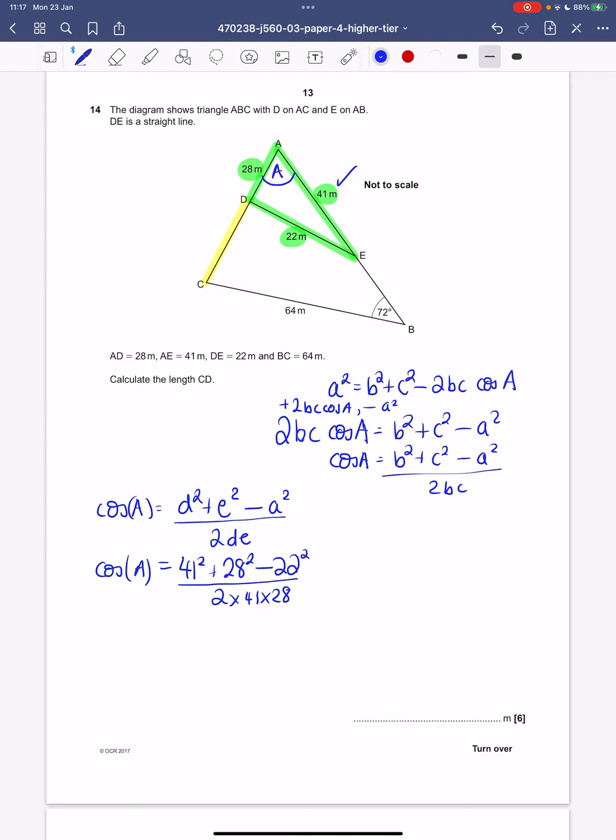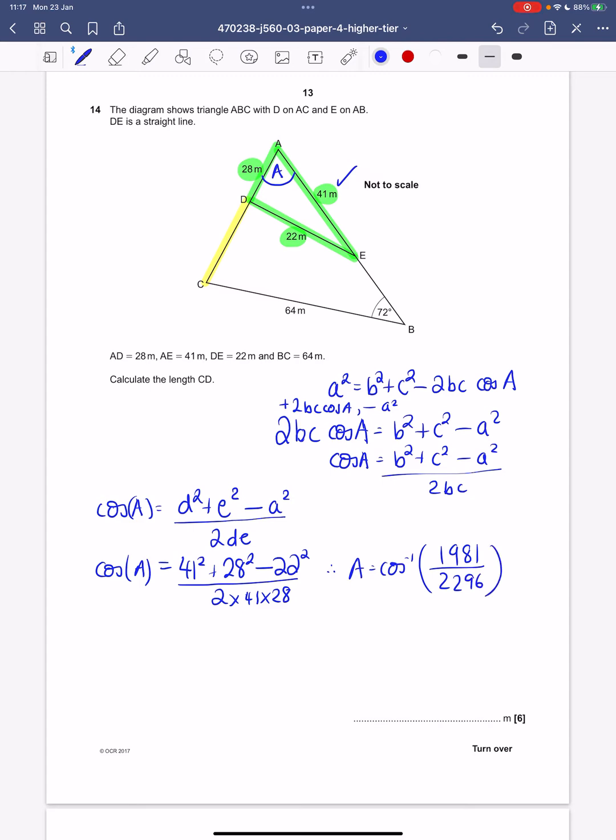Therefore A is cos inverse of 41 squared plus 28 squared minus 22 squared, 1981, over 2 times 41 times 28, 2296.